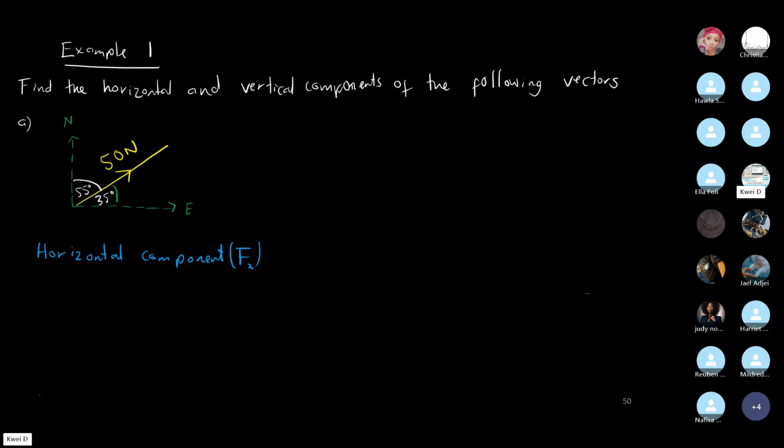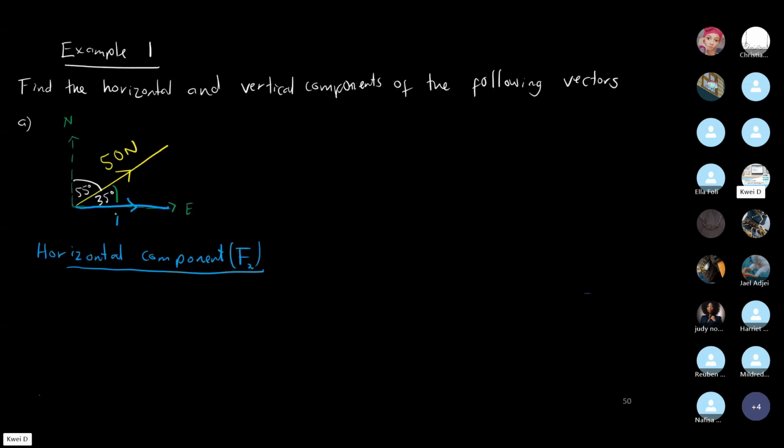All right, so in order for us to find the horizontal component, which is the fx, the horizontal component is acting along this line. That's f subscript x. So how do we find the value of that? Remember the right angle triangles.